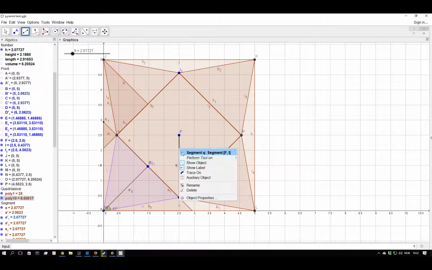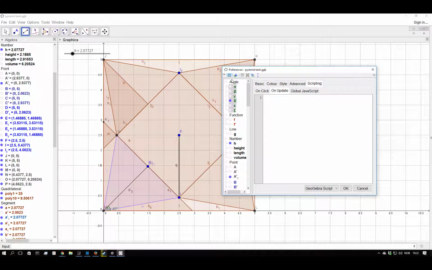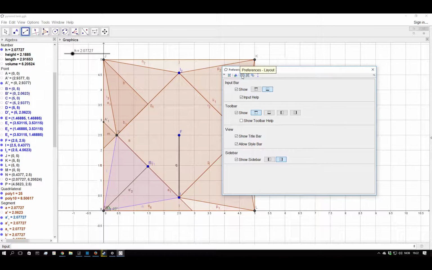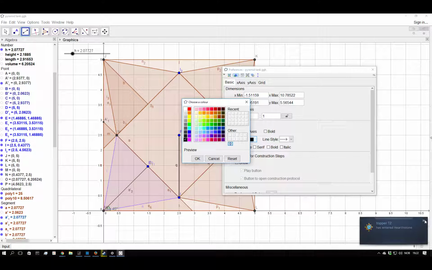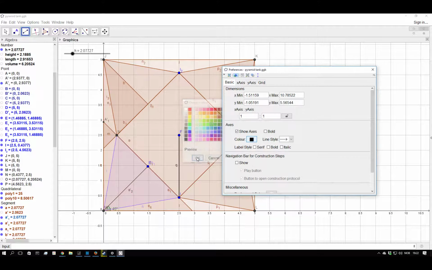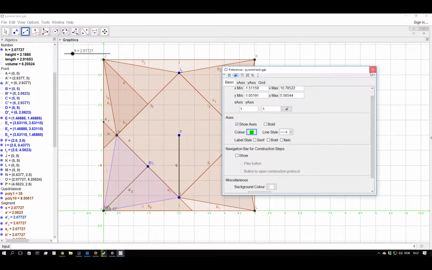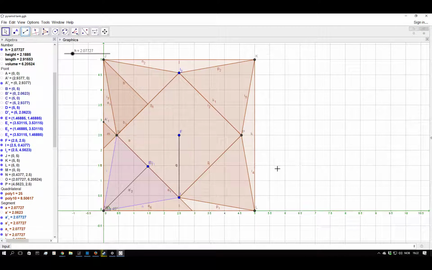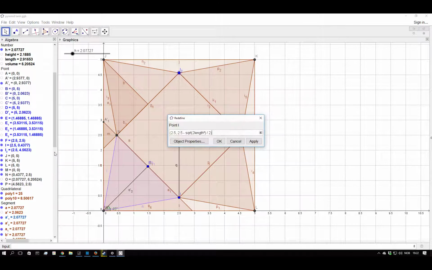I wish I was better at this color changing. Okay, let's do green. That didn't work. Excellent. We're trying to find this length now, yeah? So that length is equal to the square root of 2 times the length squared, divided by 2.